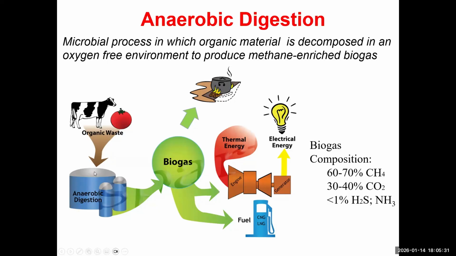Therefore, we can say that anaerobic digestion is a microbial-based process in which organic materials such as manure, food waste, or crop residues are broken down, decomposed in this oxygen-free environment to produce methane-enriched biogas that can be used as a renewable form of energy.